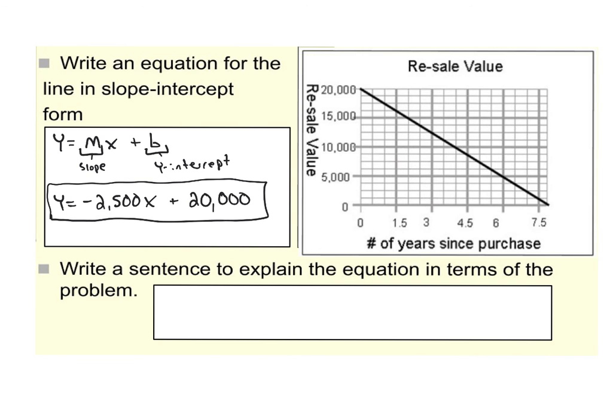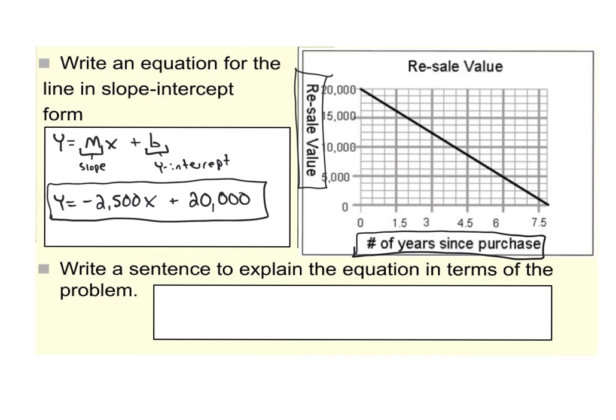We could plug any value of x in, x being the number of years since purchased. We could plug any value of x into this equation, and what we'll get out is the y, or the resale value, at that current moment in time. So I'm asking you to write a sentence to explain the equation in terms of the problem.